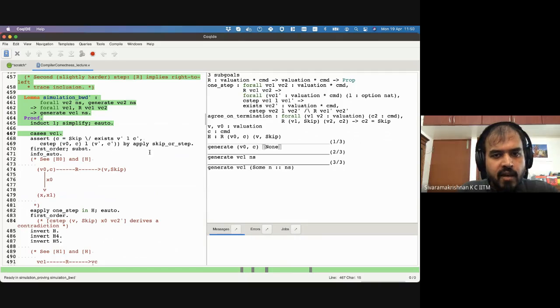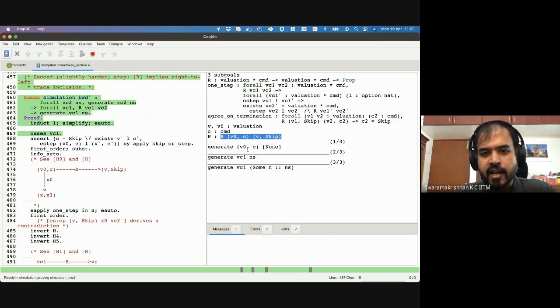At this point, if you look at this, all we know is that we have this R relation that relates V0C to V skip, right? And I'm going to say something about V0C.